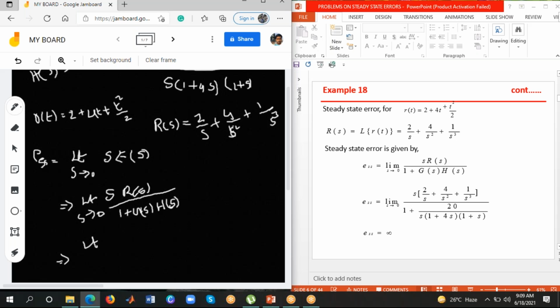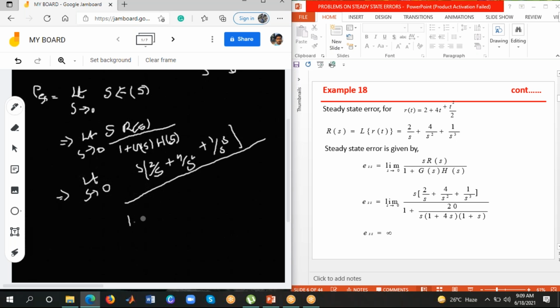So limit s tends to 0 of s into 2 by s plus 4 by s square plus 1 by s cubed, divided by 1 plus 20 divided by s into 1 plus 4s into 1 plus s.